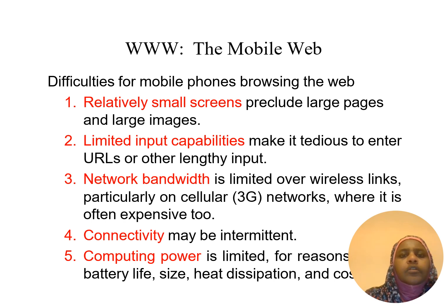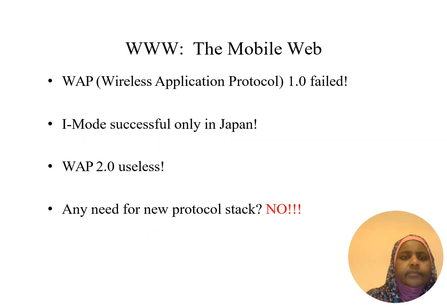The last part of our World Wide Web is mobile web. There are difficulties with mobile phones or mobile devices in general in browsing the web because they have relatively small screens, limited input capabilities, network bandwidth is limited for them, connectivity might not be continuous, and computing power is limited by battery life, heat dissipation, size, and other factors.